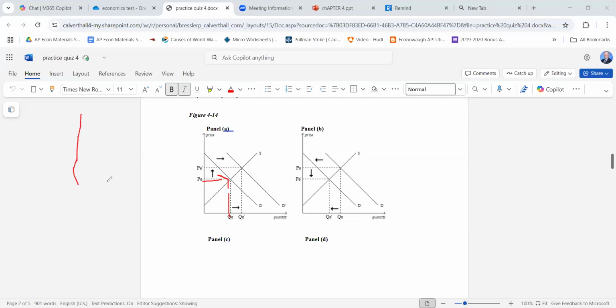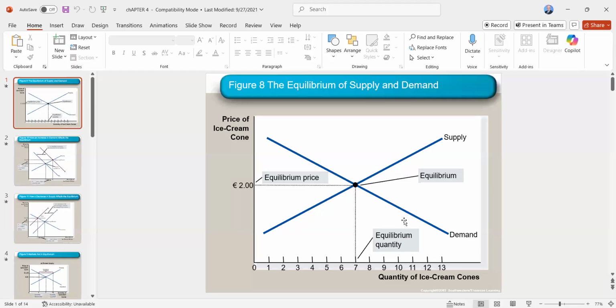First, I draw the original supply and demand curve. Hopefully you can see the supply and demand curve here. All right, that would be the first thing.